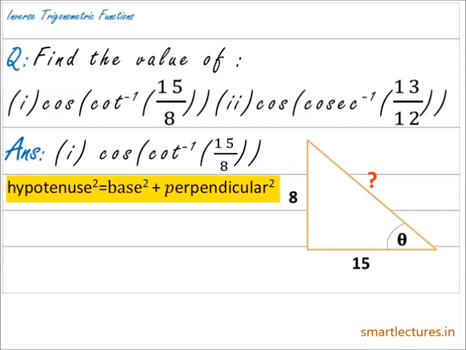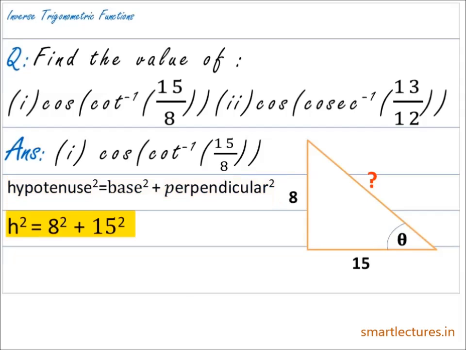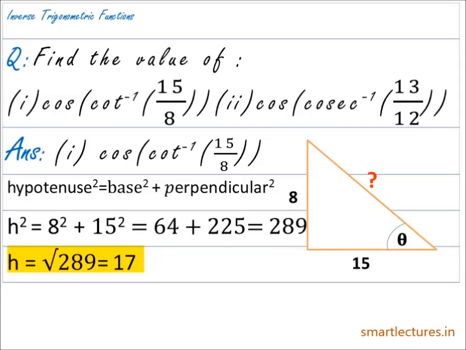So in this case, the square of hypotenuse or h square is equal to 8 square plus 15 square, or you can write 64 plus 225, which is equal to 289. So now h square is equal to 289. So h is equal to the square root of 289, which is 17. That means hypotenuse is equal to 17 units.